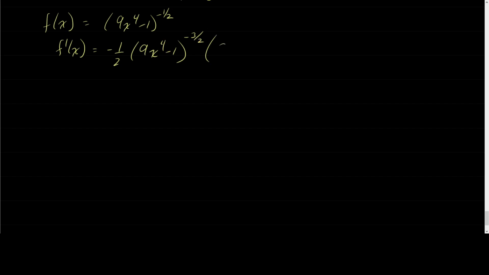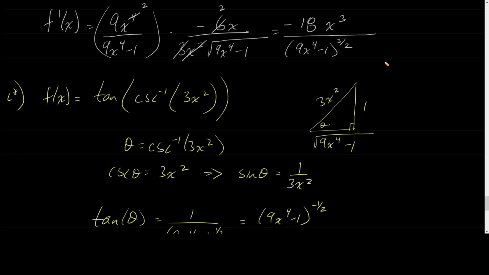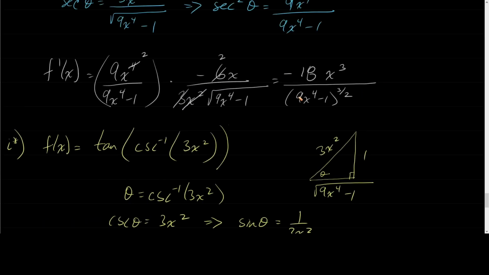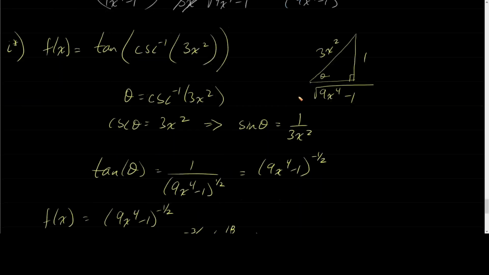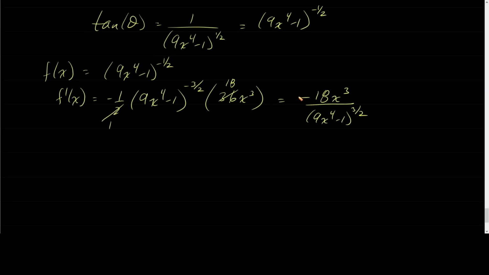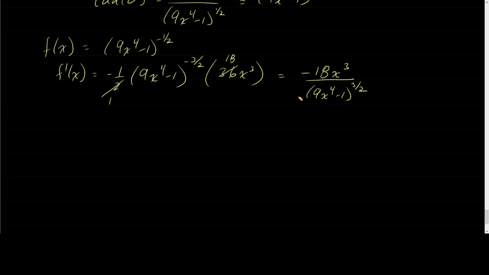Well, 9 times 4 is 36, right? And then this 2 becomes a 1, the 36 becomes an 18, so I end up with negative 18x cubed over 9x to the 4th minus 1 to the 3/2. And that's exactly what I had up here, right? So whichever method you like better, I'm not going to force you to do one over the other.